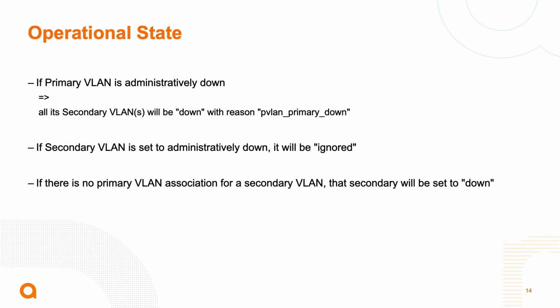If a secondary VLAN is shut down manually but the primary VLAN is still up, the shutdown command will be ignored. If a certain secondary has not been associated to a primary VLAN, then the secondary VLAN will be kept down because it's not part of a primary VLAN and cannot function.